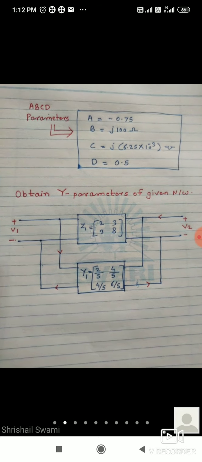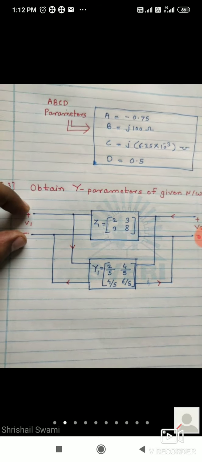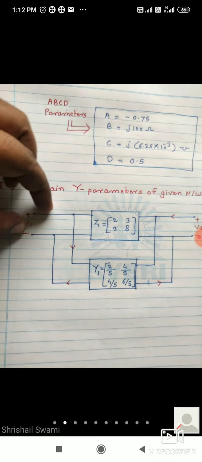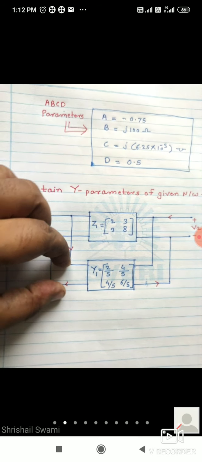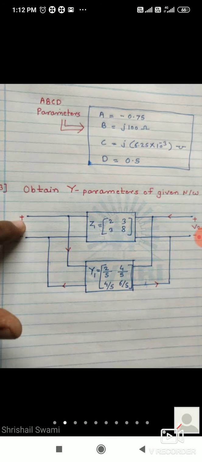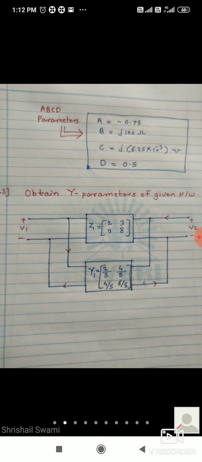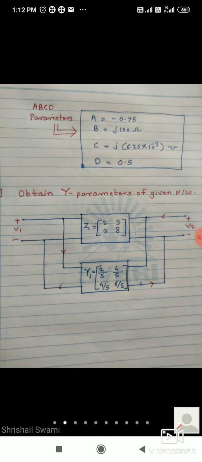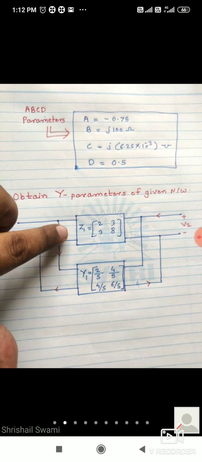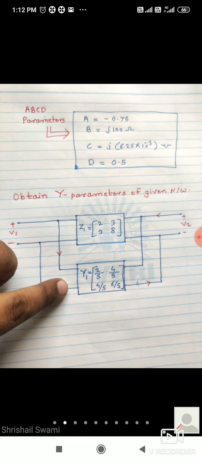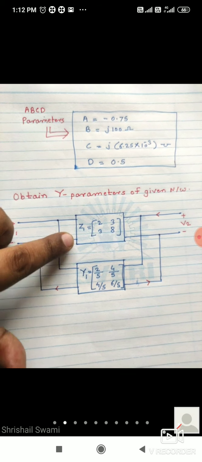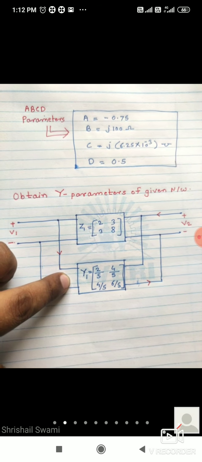Yes, parallel. कारण ह्या दोन्हीतलं पोर्ट व्होल्टेज V1 आहे, आणि ह्याच्या अक्रॉसचा व्होल्टेज पण V1च आहे. जेव्हा व्होल्टेज सेम असतो त्याला काय म्हणतात? पॅरलल कॉम्बिनेशन. Okay, so two networks are there. ह्याला नेटवर्क X म्हणूया, ह्याला नेटवर्क Y म्हणूया. So network X and network Y are connected in parallel.